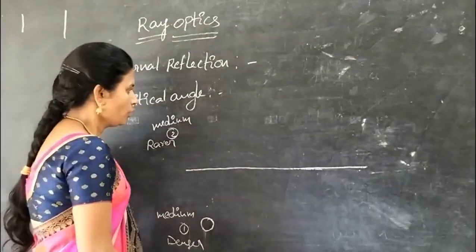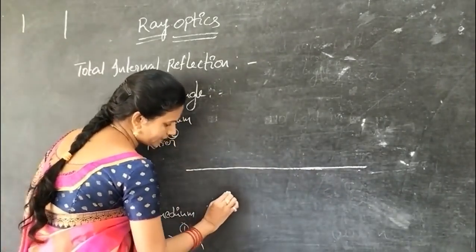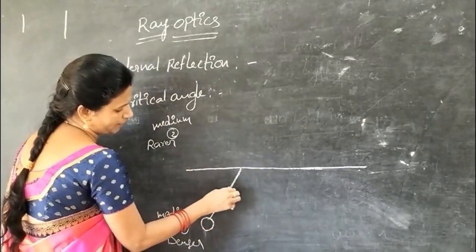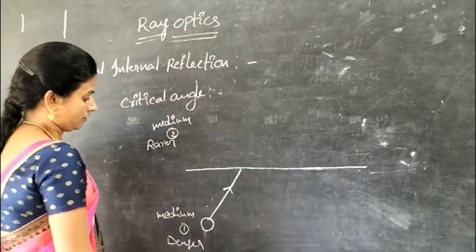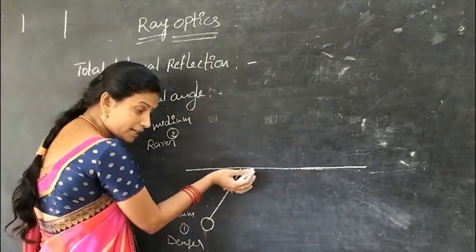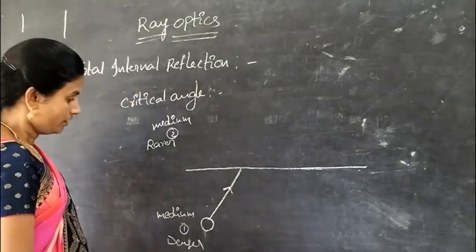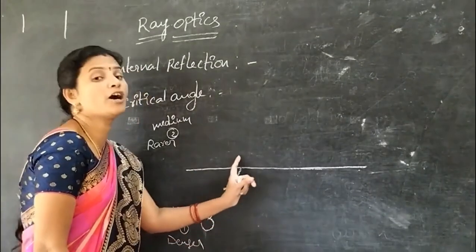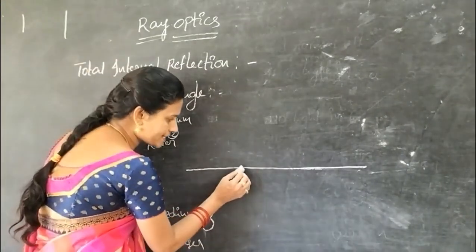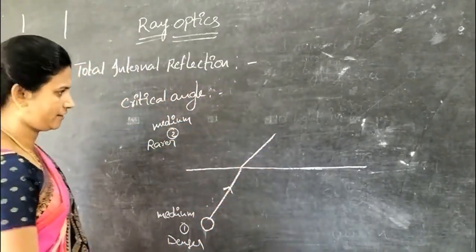So here what will happen means, suppose let us consider one of the light ray. Whenever the light ray strikes on the separation of the medium, the light ray travels from one medium to another medium, no? So that's why it gets refraction.